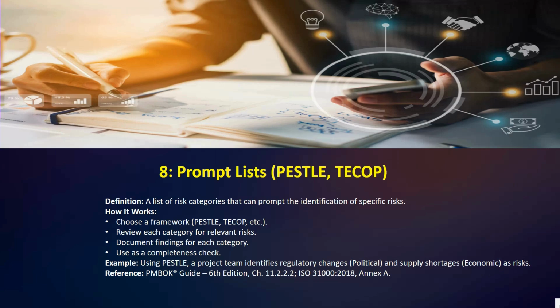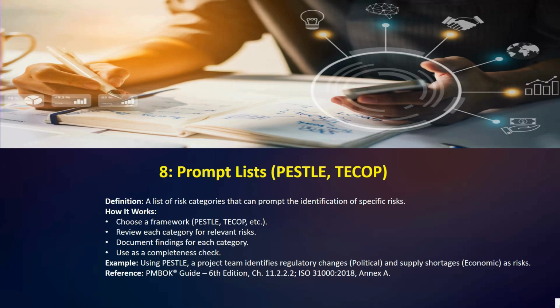So think of them as a structured sheet. Okay, so this is a very good framework, PESTEL and TECOP. Actually, both techniques give you a specific category to guide your thinking.